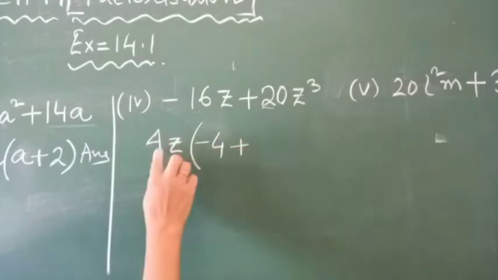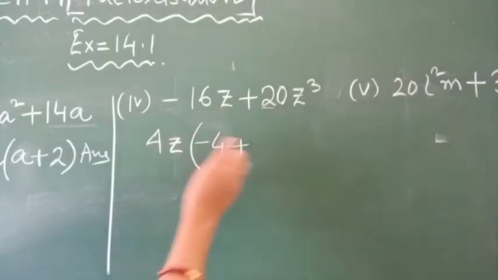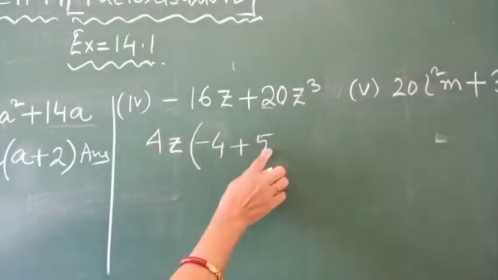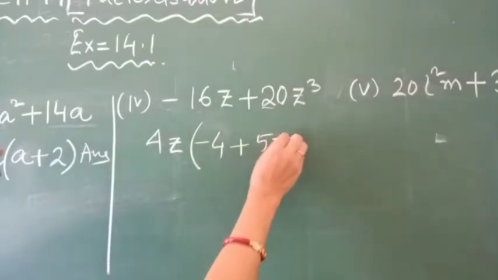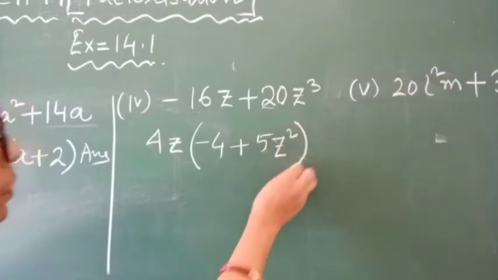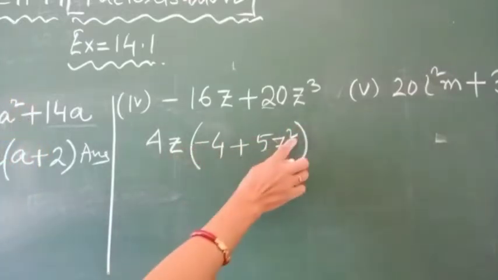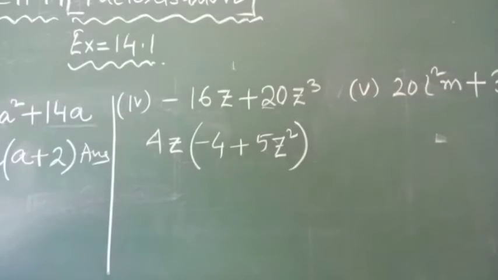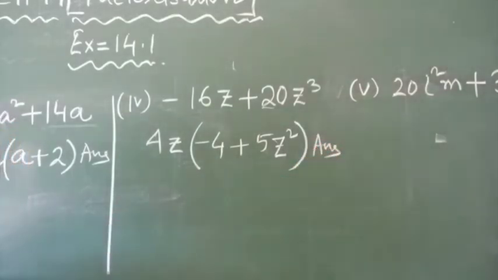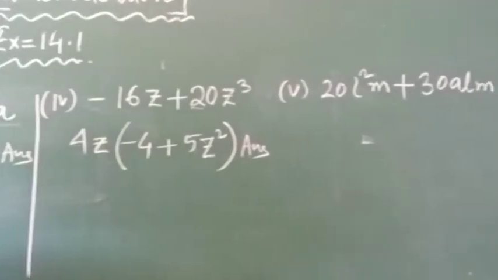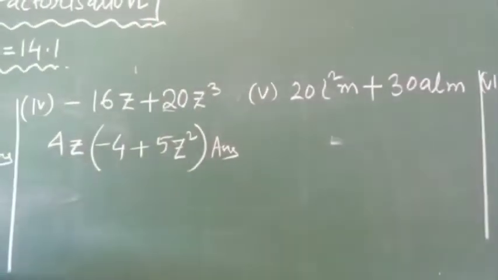Plus, if from 20 I have taken 4, then 5 is left. 5 4s are 20. And one single z if I take from here also, then only z square will be left. So z into z square means z cube. This is the answer of this sum. Come to the next one.